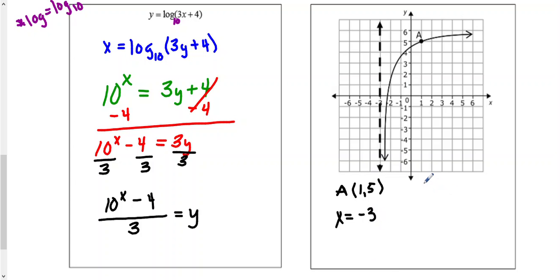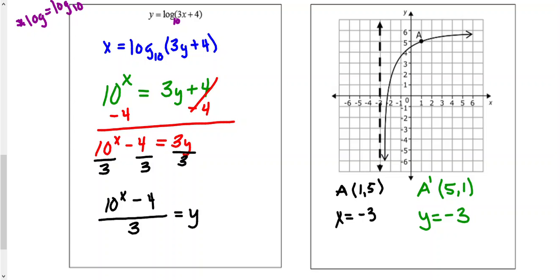Now my inverse, and we say A prime. Again, we switch our x and y, so it becomes 5, 1. Switch x and y. So instead of saying x equals -3, we're going to say y equals -3.